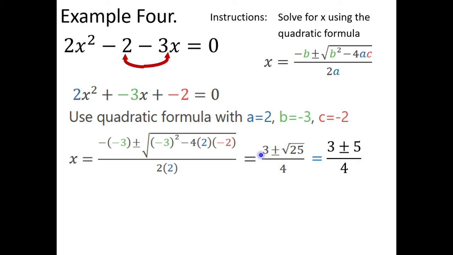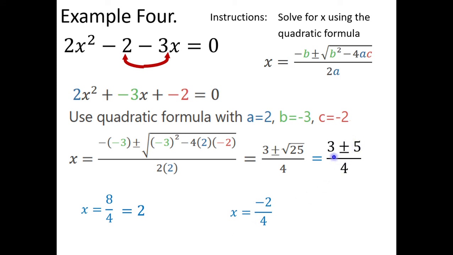So we have 3 plus 5 on the top, or we have 3 minus 5 on the top. So 3 plus 5 gives us 8 over 4, which is a fraction, and we can reduce that fraction because 4 divides the top and the bottom. We can get 2.